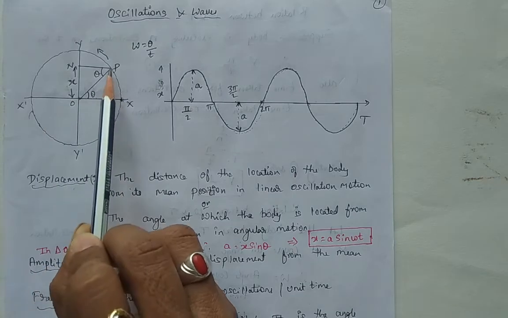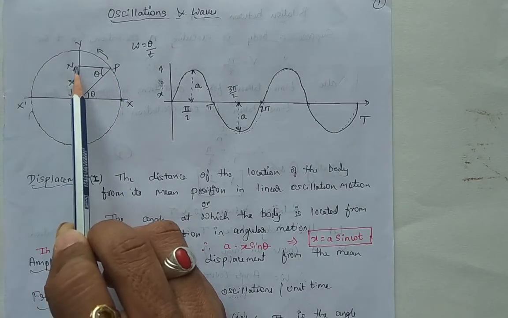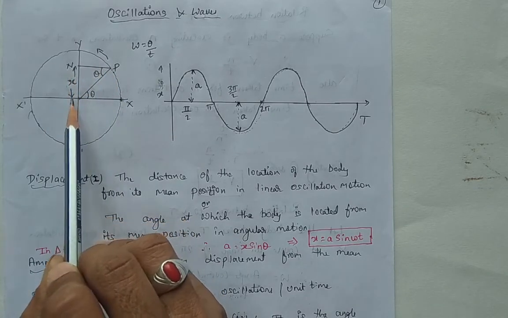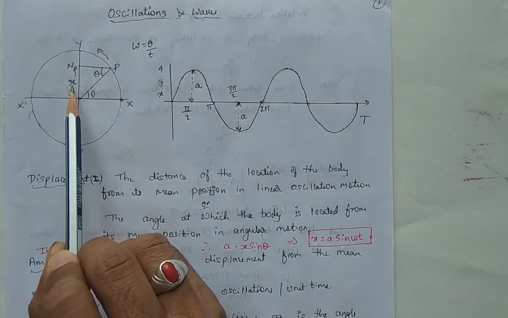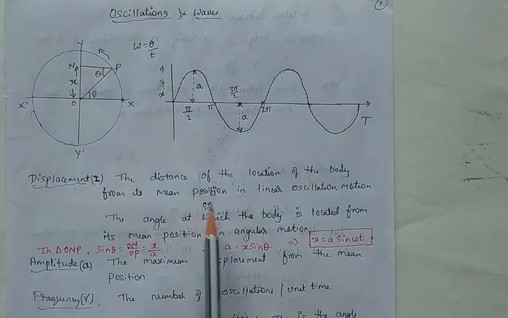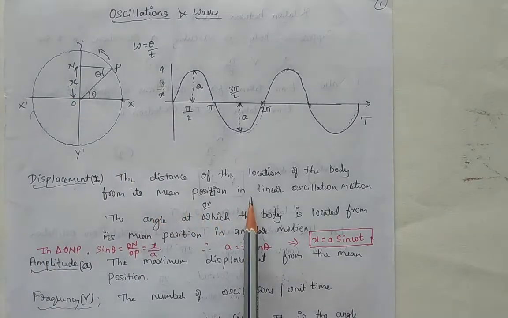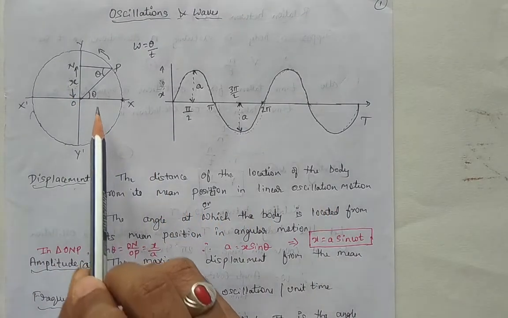Suppose it has moved from x to P, if you draw the projection it will be at N. So this distance ON, that is equal to x, is the displacement. That's why it is from its mean position in a linear oscillatory motion.